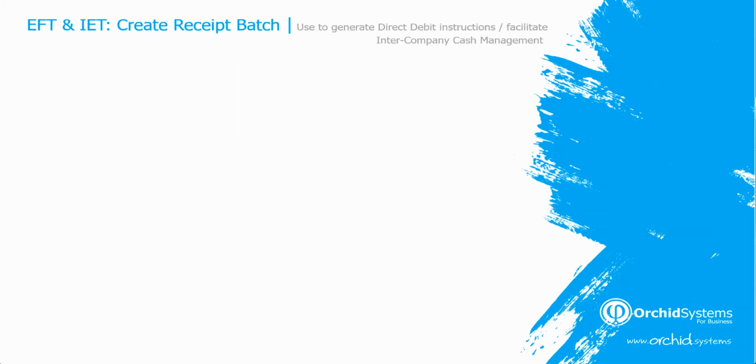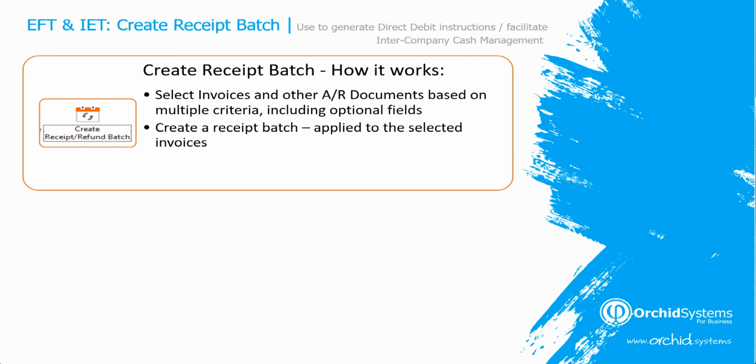Looking at the functionality to create a receipt batch, the way it works is it allows you flexible criteria to select invoices and other accounts receivable documents, and then create a receipt batch with the receipt being applied to those invoices and other documents.